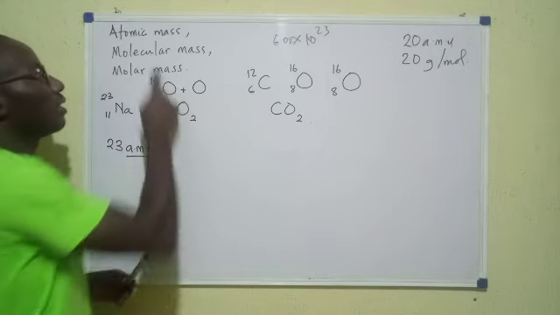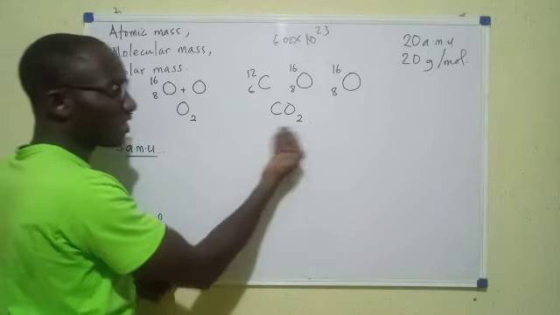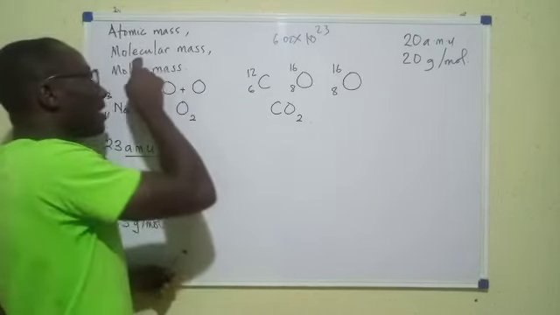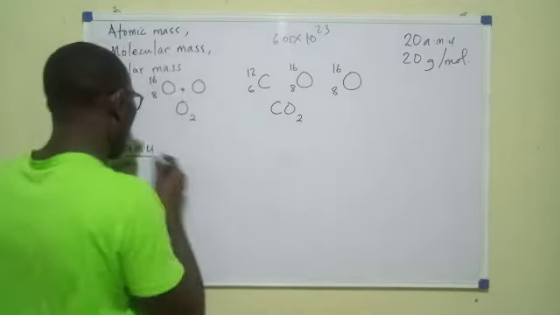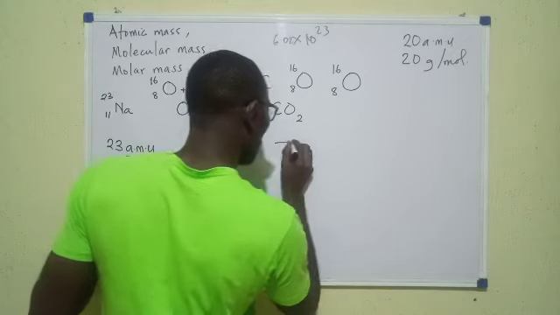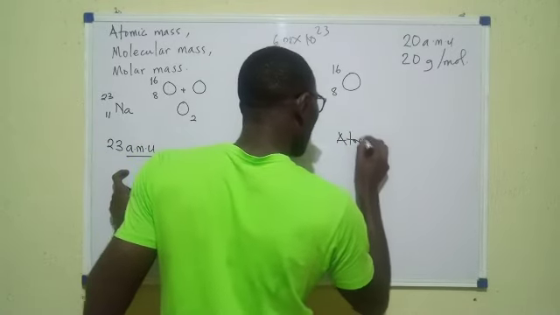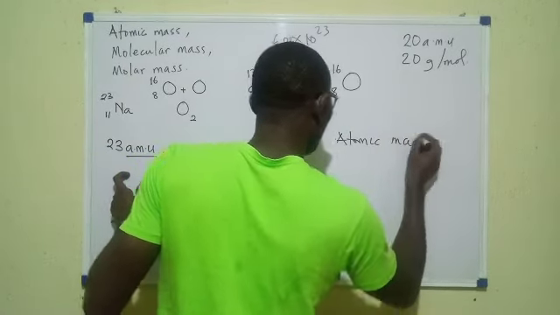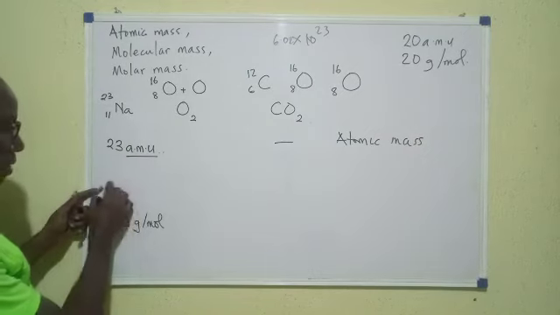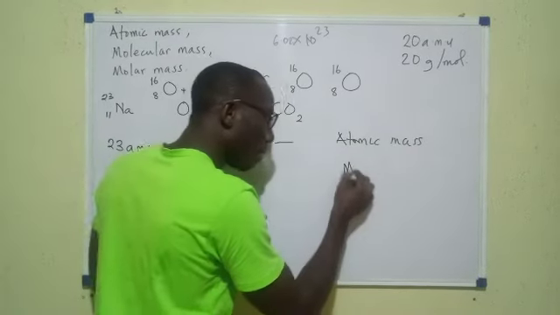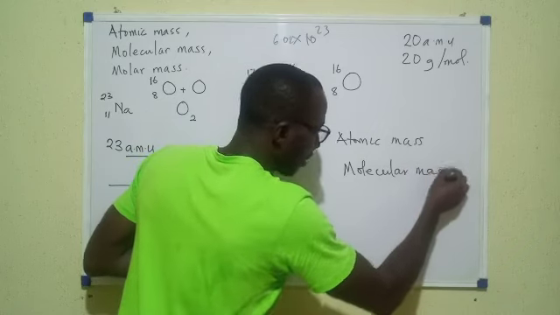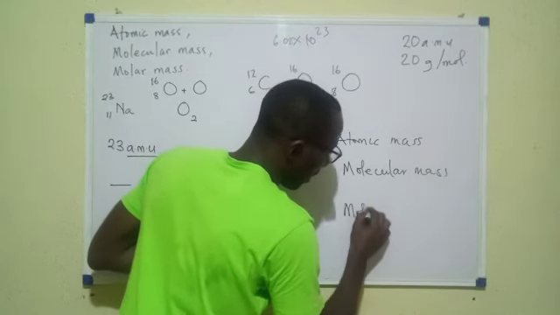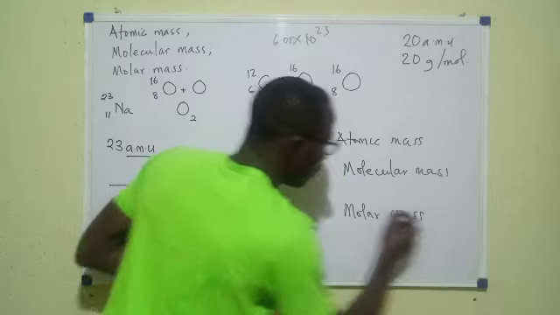Yes. Why? It can't have atomic mass because it's not an atom. It can have molecular mass because it's what? A molecule. So atomic mass not available for CO2. Then molecular mass. And then molar mass.